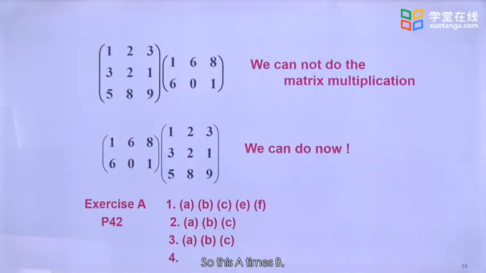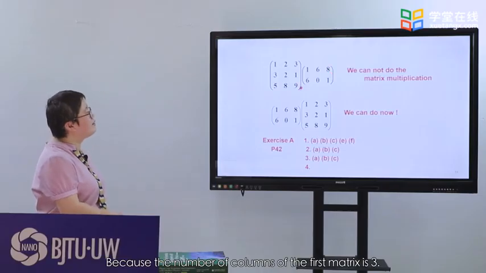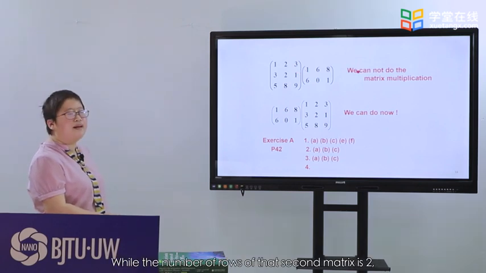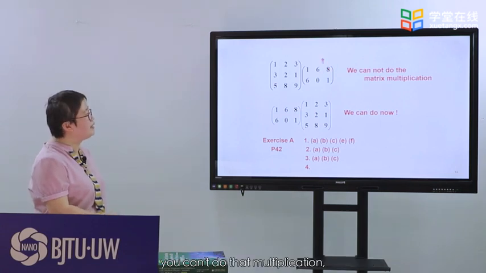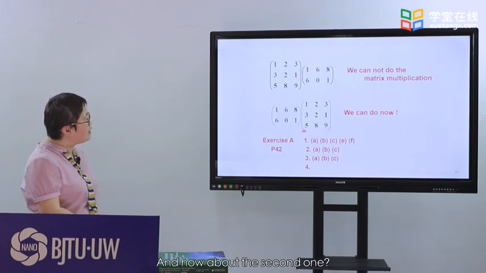In this A times B, the matrix A is a 3 by 3 matrix and the matrix B is a 2 by 3 matrix. Can we do the multiplication? We can't, right? Because the number of columns of the first matrix is 3, while the number of rows of the second matrix is 2. You can't do the matrix multiplication. And how about the second one?